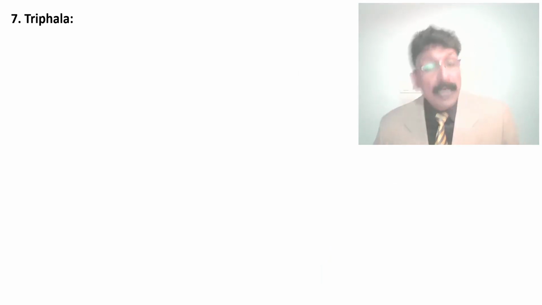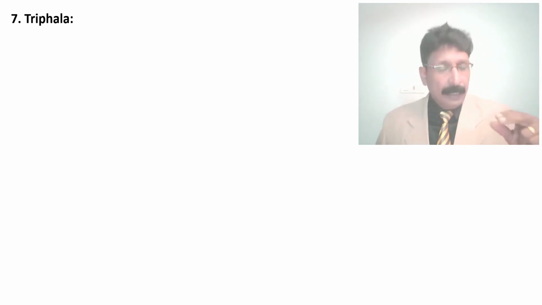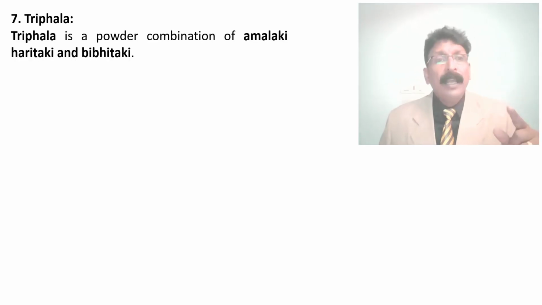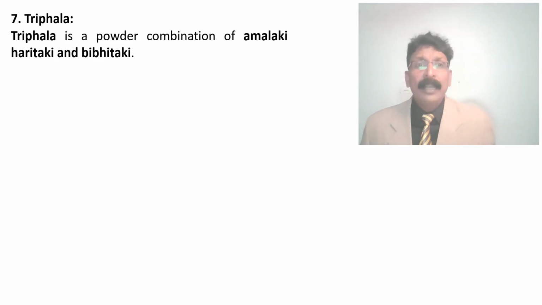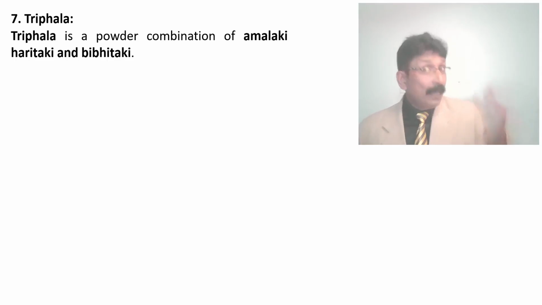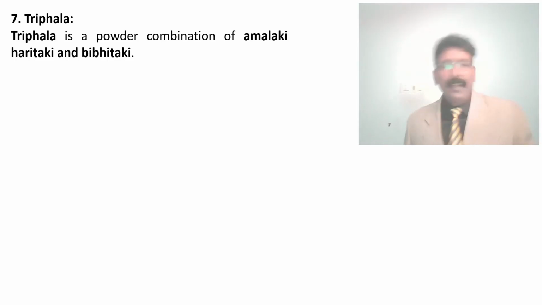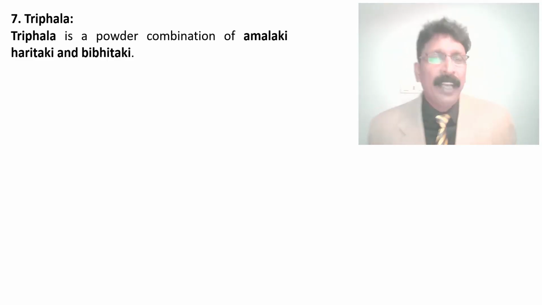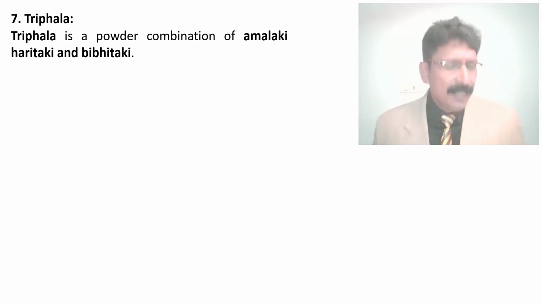Triphala powder or Triphala Churnam. Triphala is a powder containing Amalaki, Haritaki, Bibhitaki. Amalaki means amla. Haritaki is Kadukai, that is also Terminalia. And Bibhitaki is another, the hard shell of the seed.